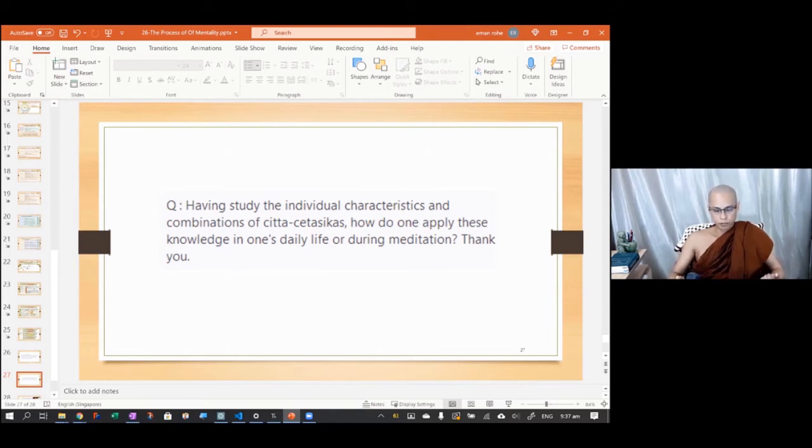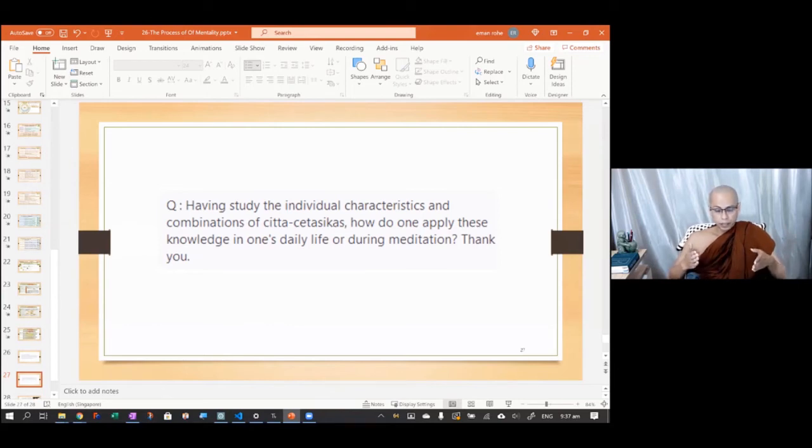So when unwholesome consciousness arises, mostly the prominent part is the chetasika. When greed arises, we know this is greed. And when hatred arises in our mind, we know. So that is the understanding.